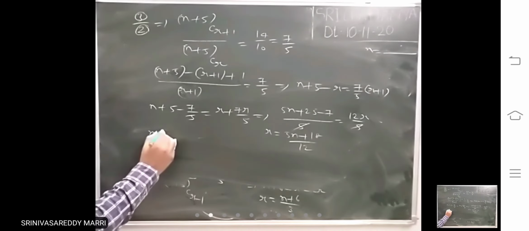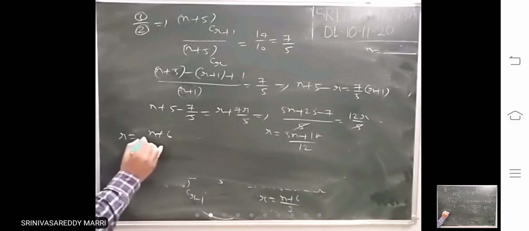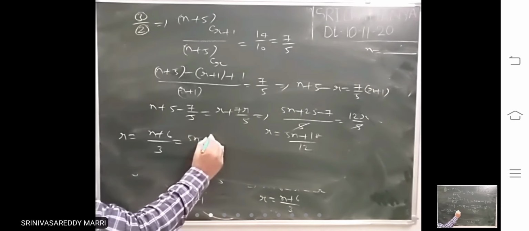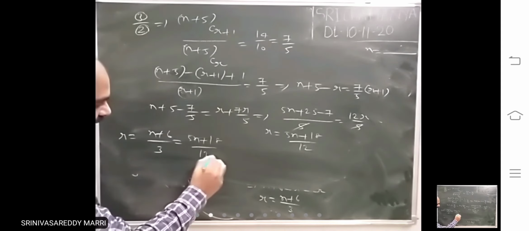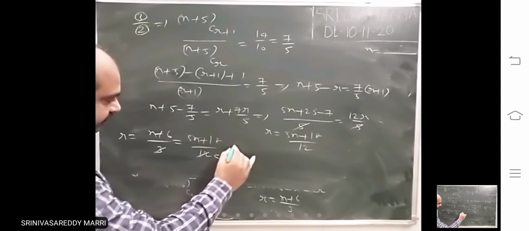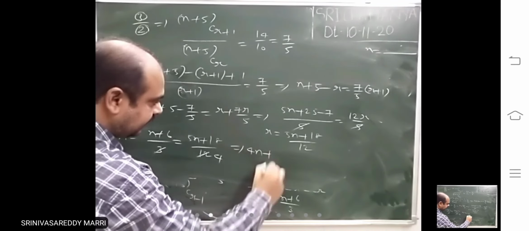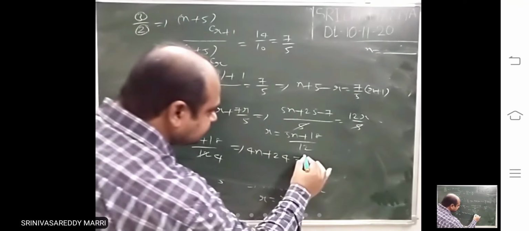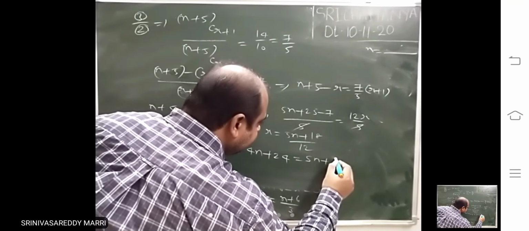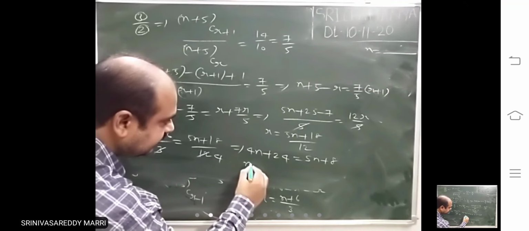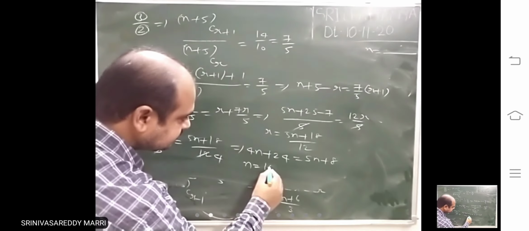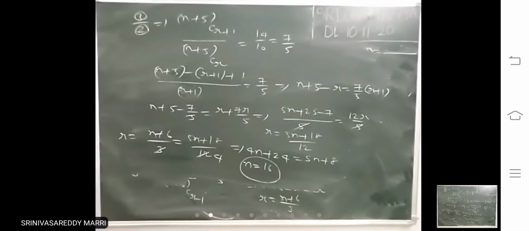Therefore r equal to (n plus 6) by 3 equals (5n plus 18) divided by 12. That implies 4n plus 24 equals 5n plus 8. That means n equal to 16. That is the answer.